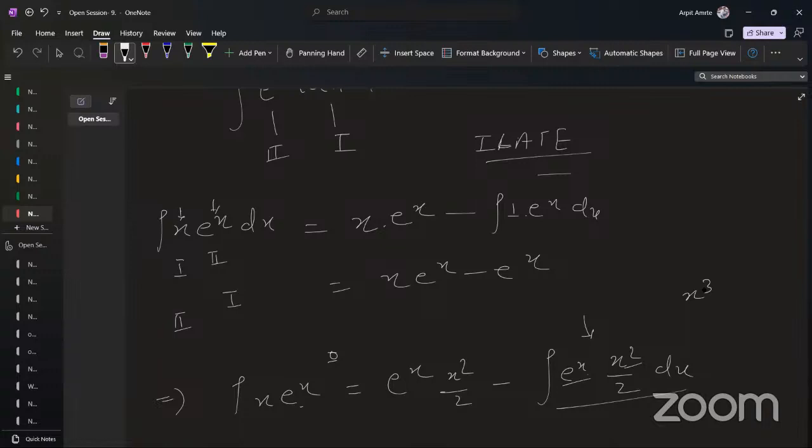If we do not choose by this ILATE formula, then we will get an integration which will never end, right? Yes, sir. Right? That is why we are using this ILATE formula. Understood? Yes, sir. Okay. Let's solve some questions.